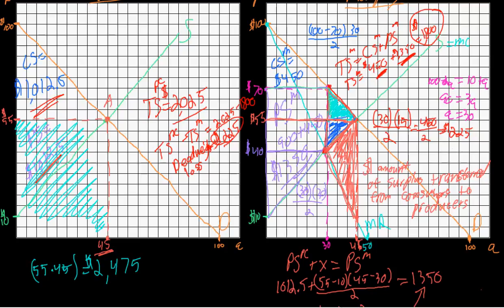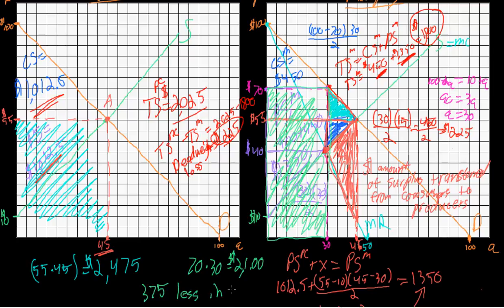So this green rectangle represents how much consumers spend in a monopolistic market. 70 times 30 is 2,100. And so we can see that consumers spend $375 less in a monopolistic market.